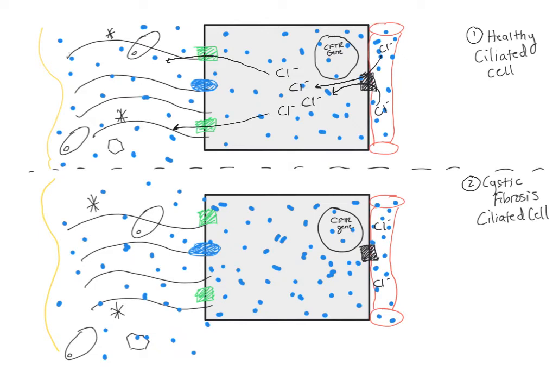So we have our transporter over here, and our CFTR channel over here. That allows chloride to leave the cell and get into the mucus, just like that. So you have a way in and you have a way out.